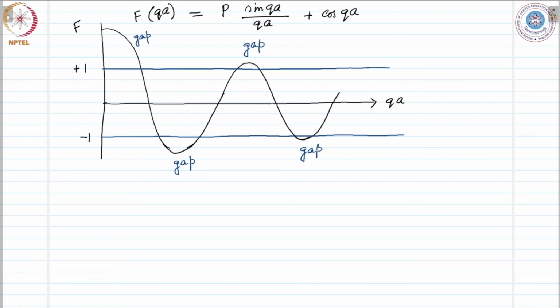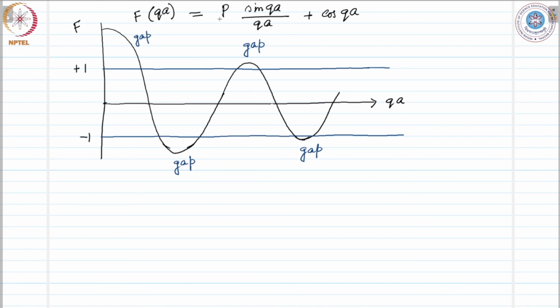But at lower values of qa there are gaps in this spectrum, and we can see that if this value of P becomes 0, then we will have a perfect free electron, and if P tends to infinity, if P is very large, then we will have a very narrow band in here, a very narrow region where acceptable energies are possible. Beyond that it's not acceptable.